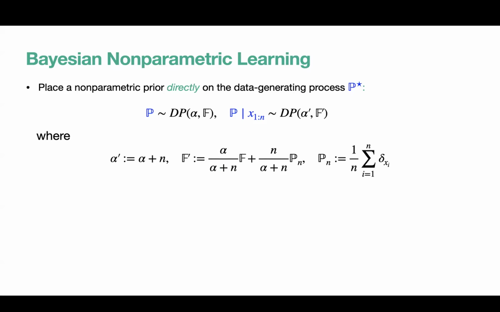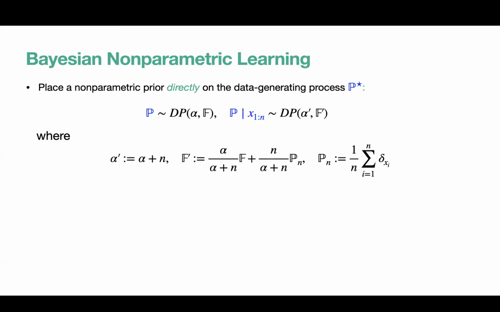In more detail, we're going to set a non-parametric prior, which is a Dirichlet process. This is just a distribution over distributions, centered on some prior centering measure f. So f is going to encode all our prior beliefs about P star. And then alpha is a concentration parameter, which tells us how much we believe in f.